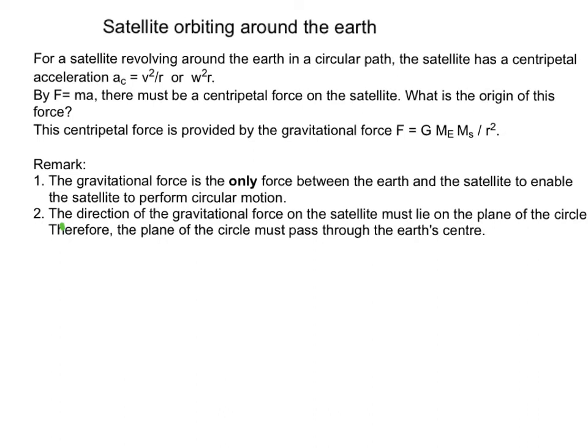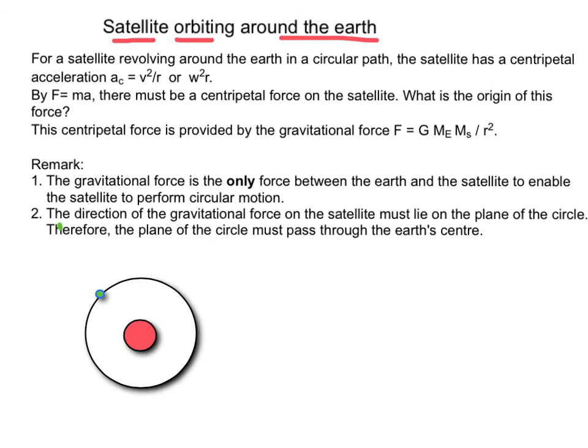Let's consider the satellite orbiting around the Earth. For a satellite revolving around the Earth in a circular path, the satellite has a centripetal acceleration ac towards the center of the Earth. The centripetal acceleration is equal to v squared over r or omega squared r.